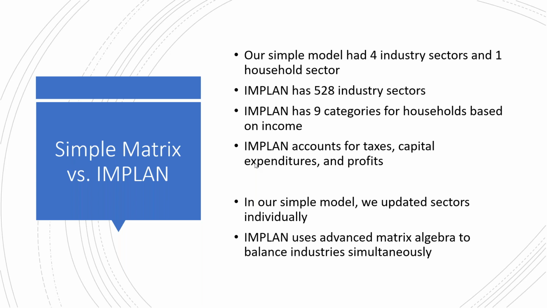So that's your options. IMPLAN has 528 industry sectors. Our little model in the last slides had 4. IMPLAN has 9 categories for households based on incomes. We had 1. It also accounts for taxes, capital expenditures, profits, and a number of other things going on.